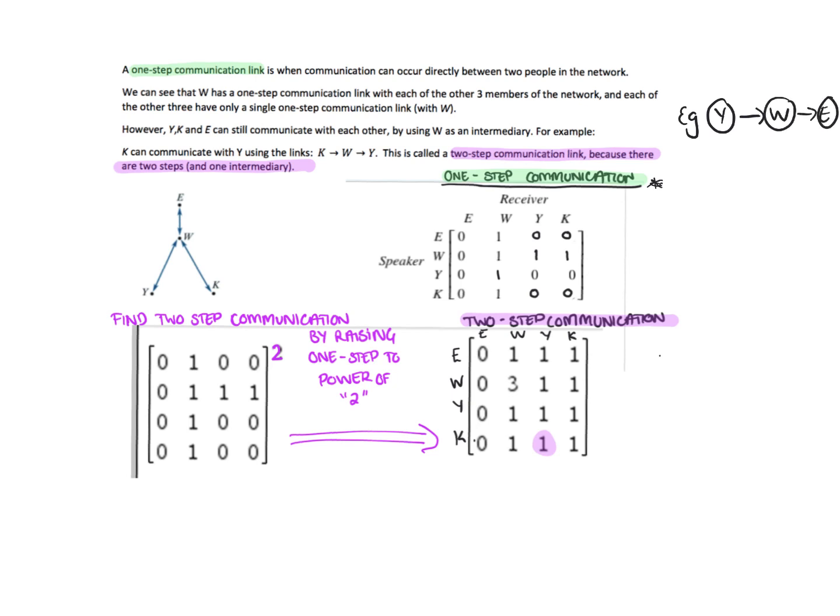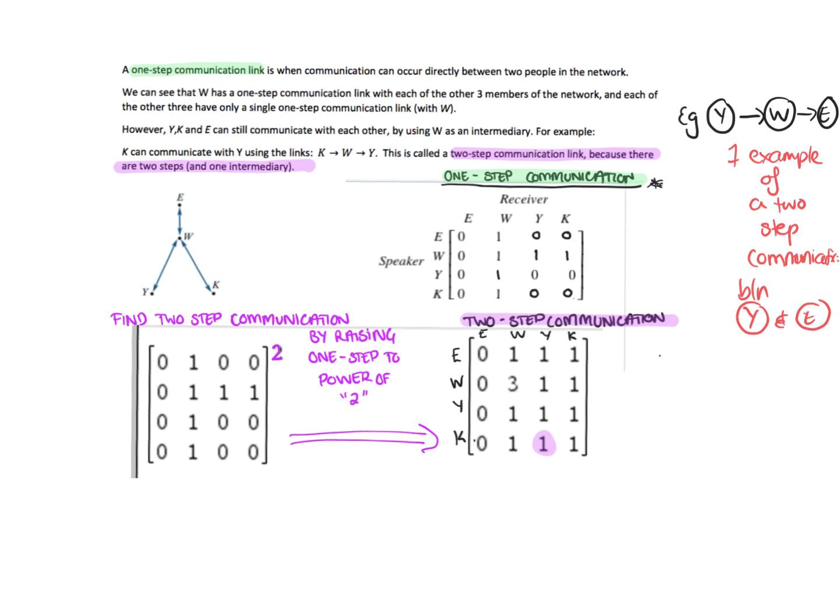This is one example of a 2-step communication between Yummy and Eva. That's what 2-step means: you give the message to someone else who gives it on, and it's done in 2 steps. You can see the 2 arrows there.